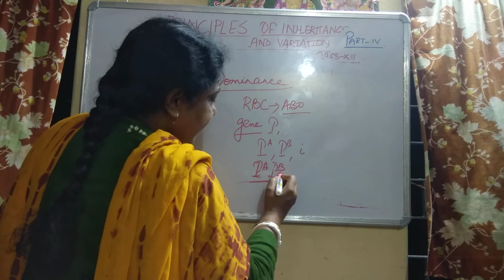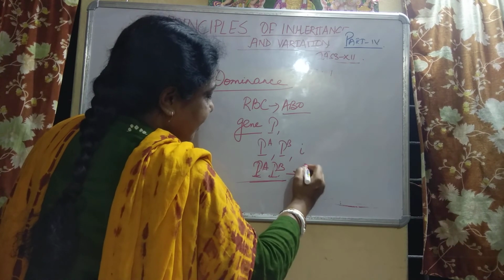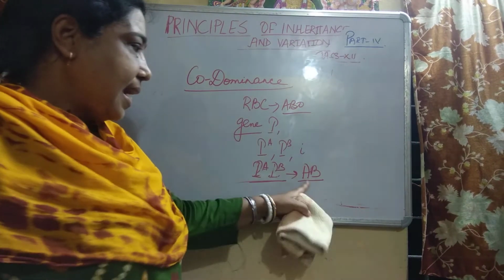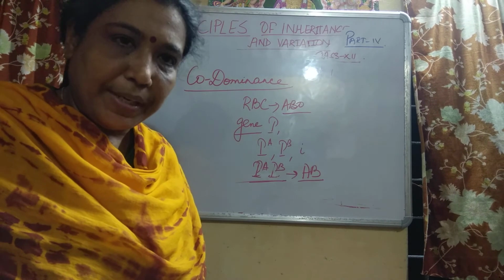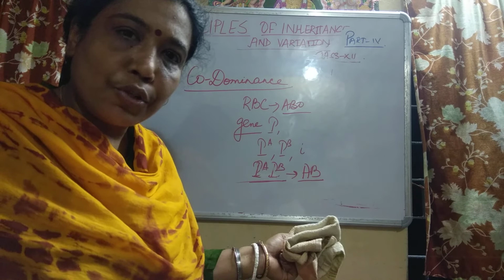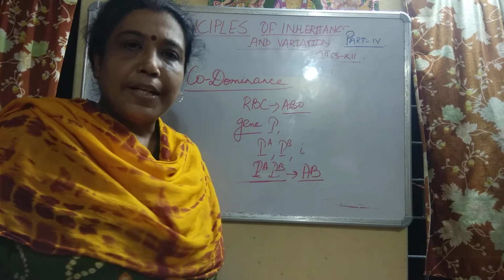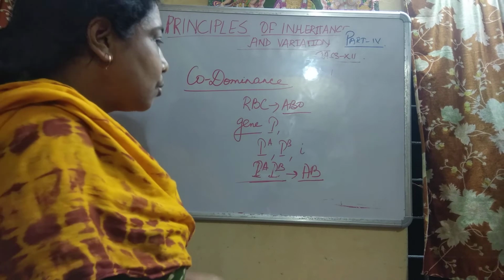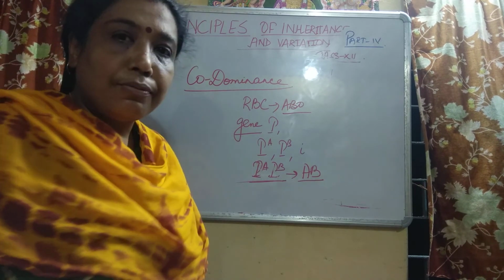So when they come together, both of them will show dominance, and there will be the offspring. If one parent is having this one, the offspring will show what? Having the blood group AB. What? The blood group AB. So this is an example of codominance.